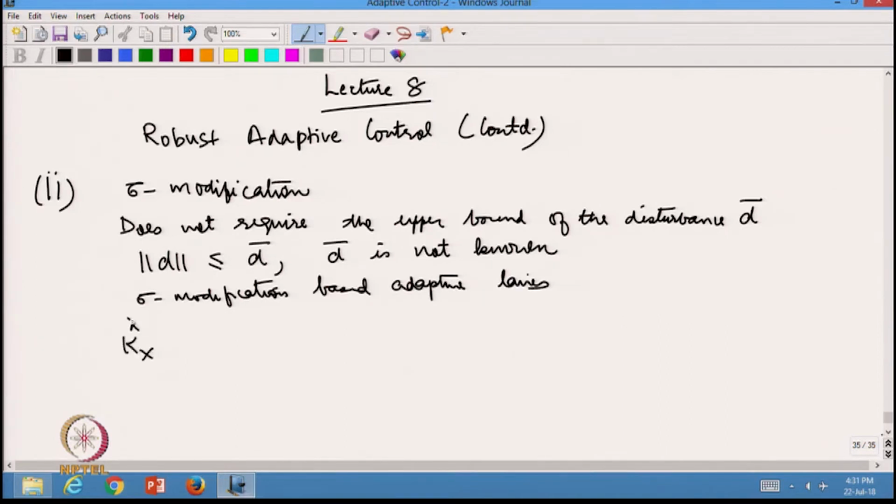So, k x hat dot we had designed previously was given by minus gamma x b transpose P e x transpose. What we do here is we add an additional term which we call the sigma modification term.